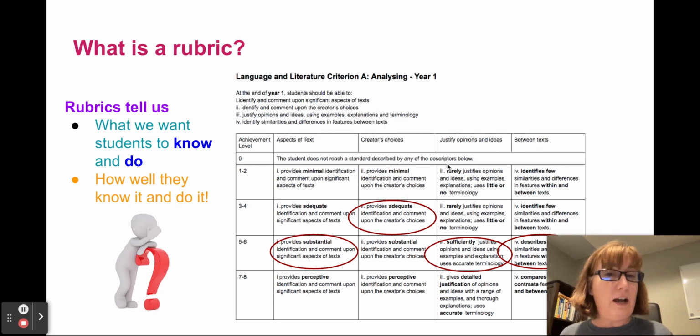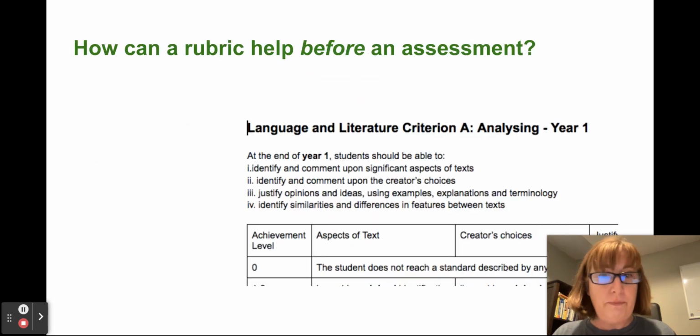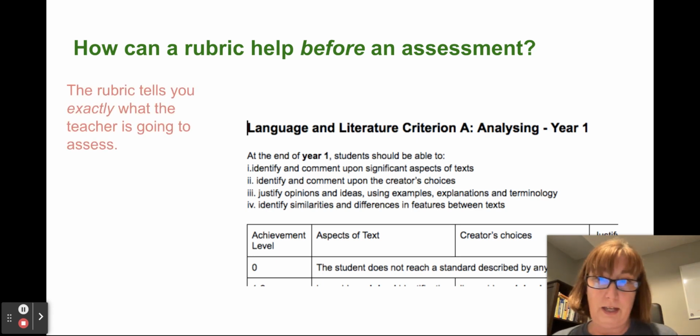So I can take off different strands of this as an educator to think about what I'm focusing on. And I can also measure how well a student is doing in each of these areas in each strand. So students should see these not just at the end of an assessment when they've been scored, but also before an assessment. The rubric tells you exactly what the teacher is going to assess.